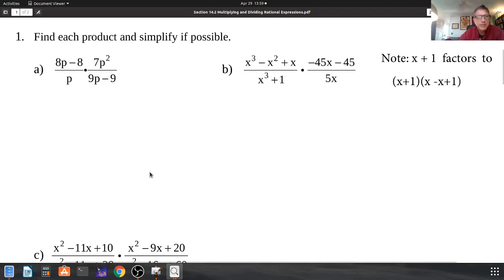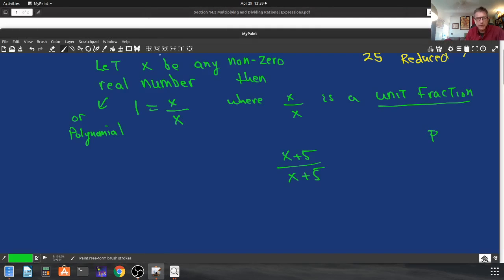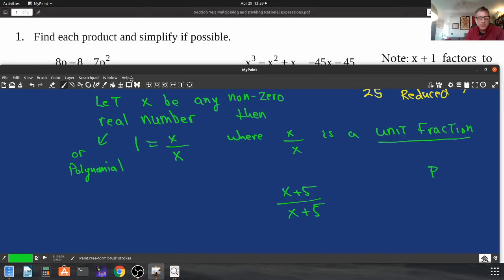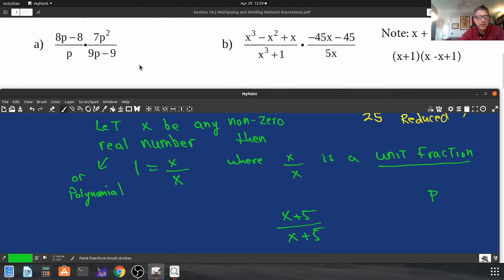So find each product and simplify if possible. We're going to do multiplication first. So let's do example 1a.